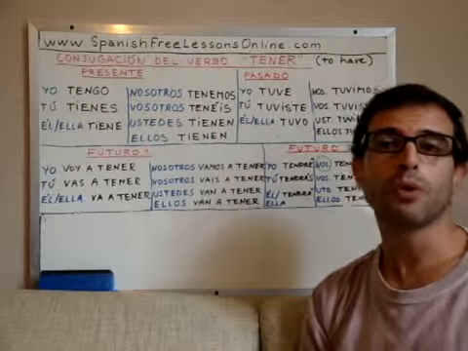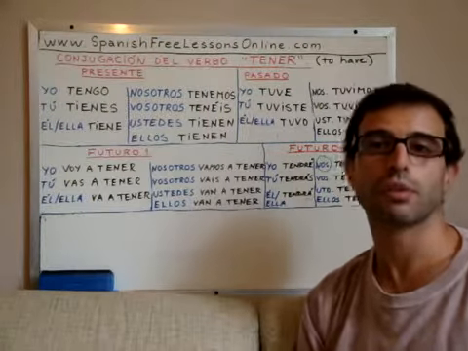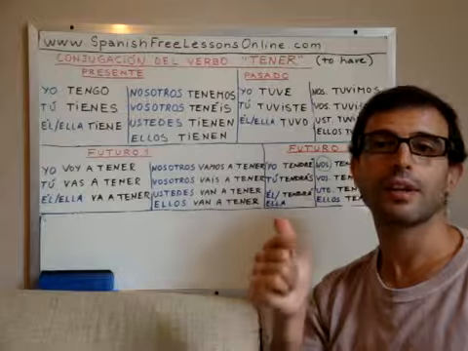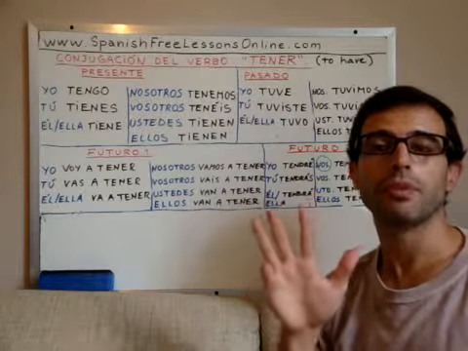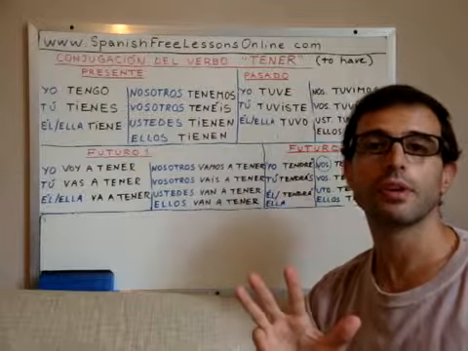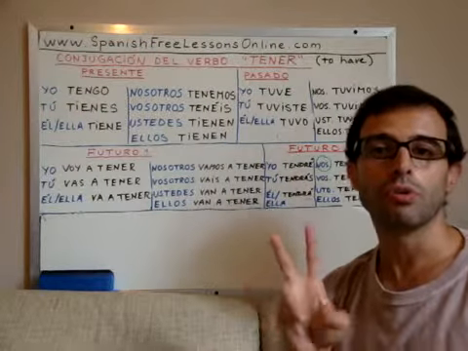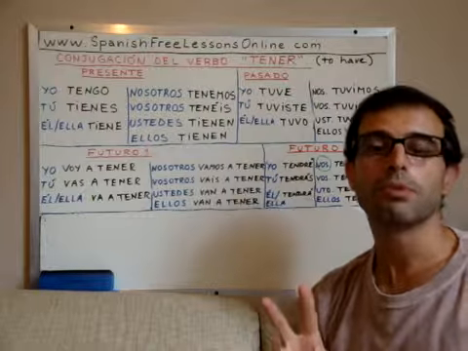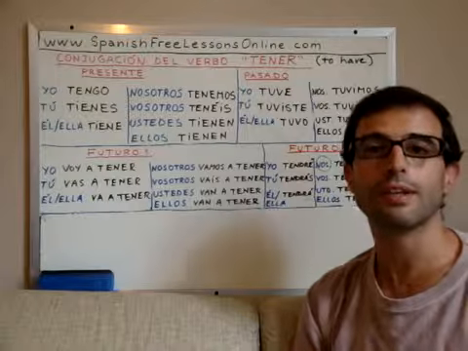And why do I want to have these verbs taught first? Ser, estar, haber, and tener. Because these four Spanish verbs correspond to the two most important verbs in English, that are the verbs to be and to have.